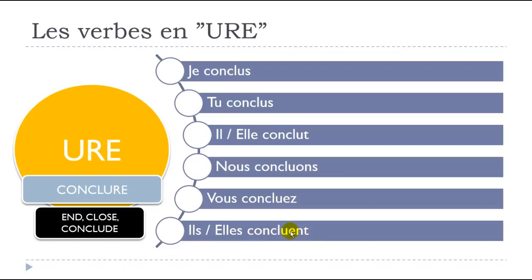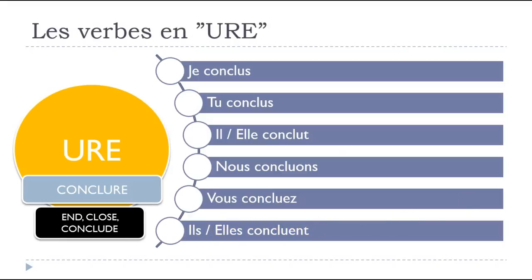Keep in mind that even if you put this final ENT, the ending, you don't pronounce it. So phonetically, you get conclu. Okay, so je conclus, tu conclus, il conclut, elle conclut, nous concluons, vous concluez, ils concluent, elles concluent.